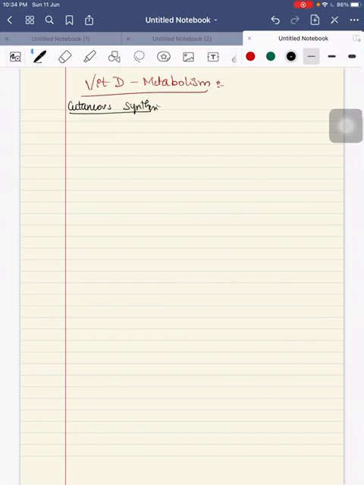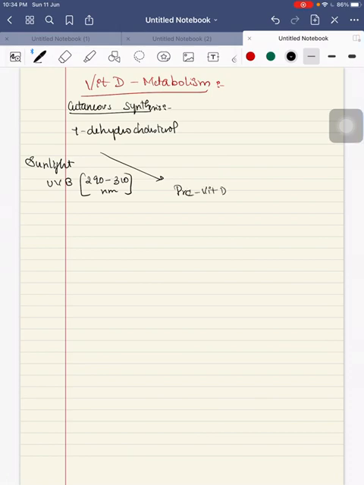In cutaneous synthesis, in our skin we have 7-dehydrocholesterol, which on exposure to sunlight, mainly the UVB rays with a wavelength of about 290 to 310 nanometer, is converted into pre-vitamin D, that is cholecalciferol.